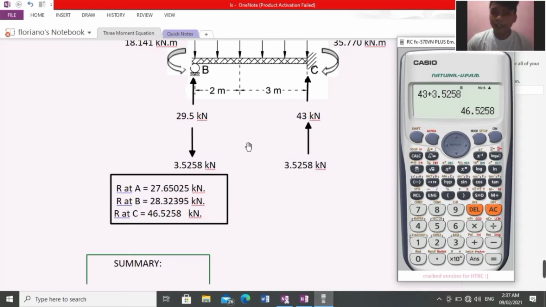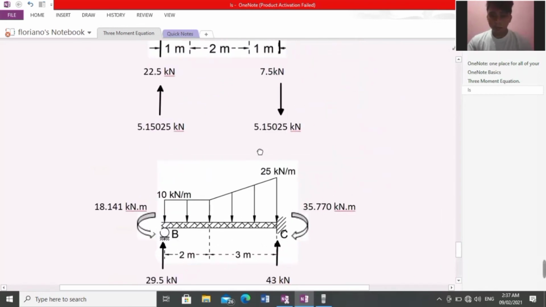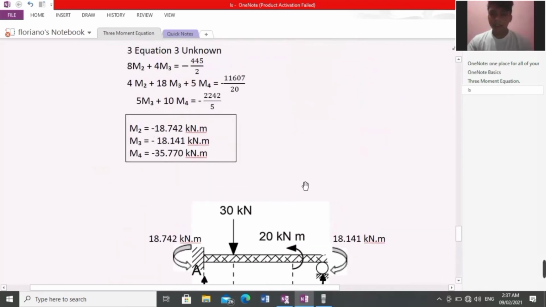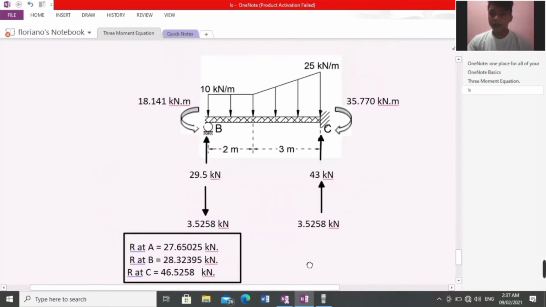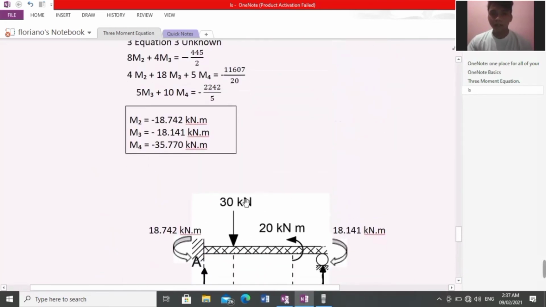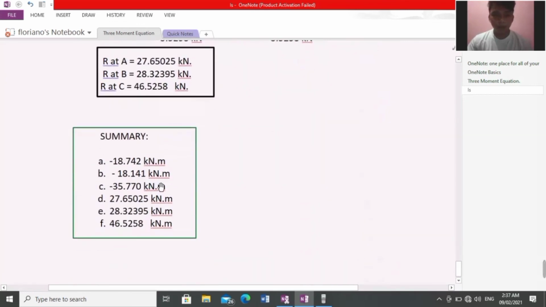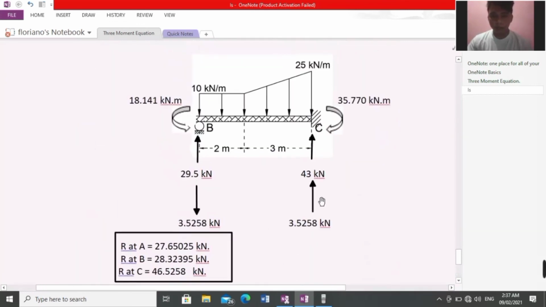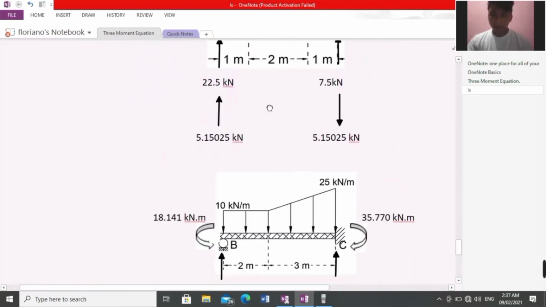Isasama rin na lang natin lahat. So, yung nakuha natin sa moment sa A is negative 18.742. So, tama. And negative, dito naman sa moment sa B is negative 18.141. And sa moment sa C is negative 35.770.